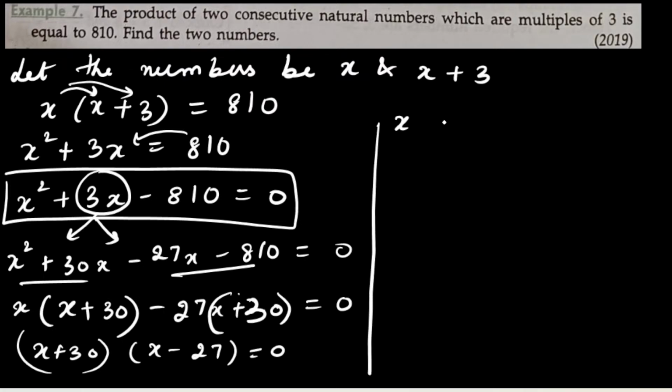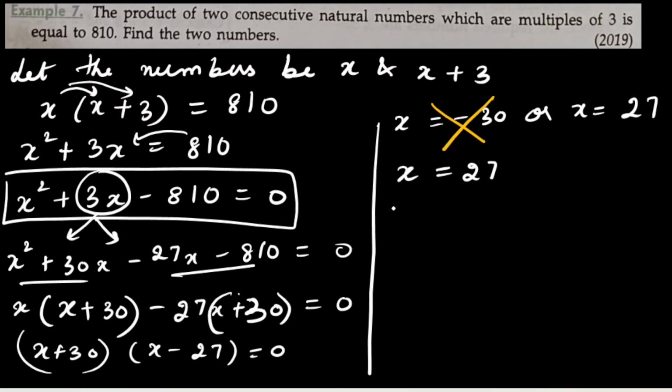From here, x is equal to negative 30 or x is equal to positive 27. It's clearly mentioned natural numbers, and minus 30 is not a natural number. So only one value of x is acceptable, that is 27.